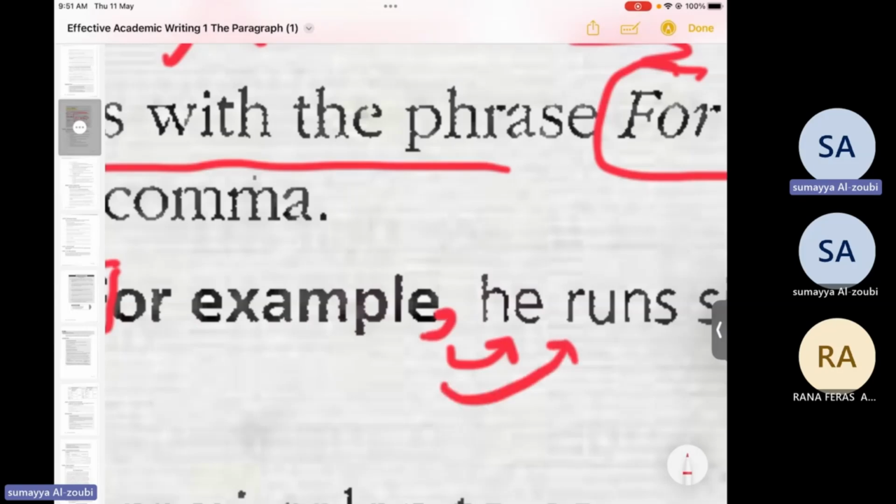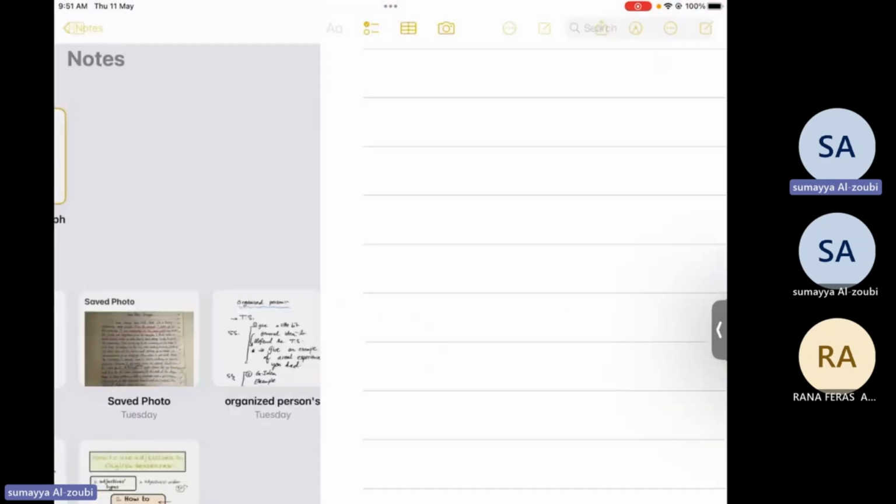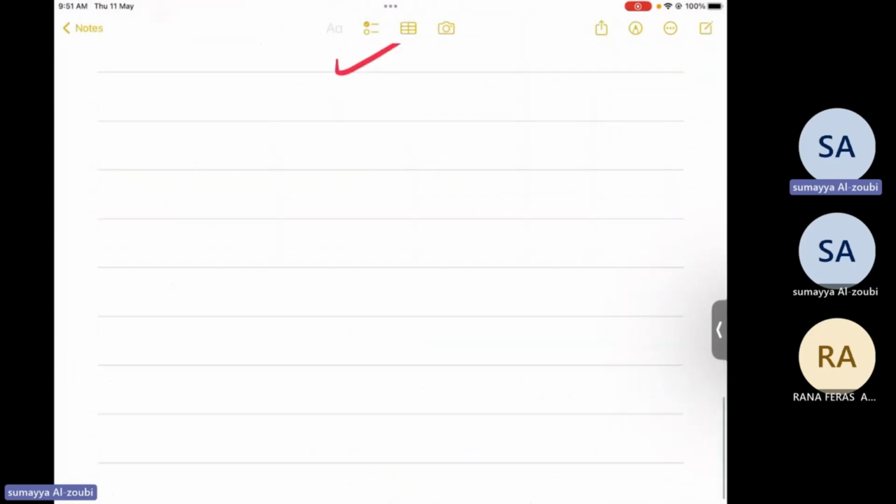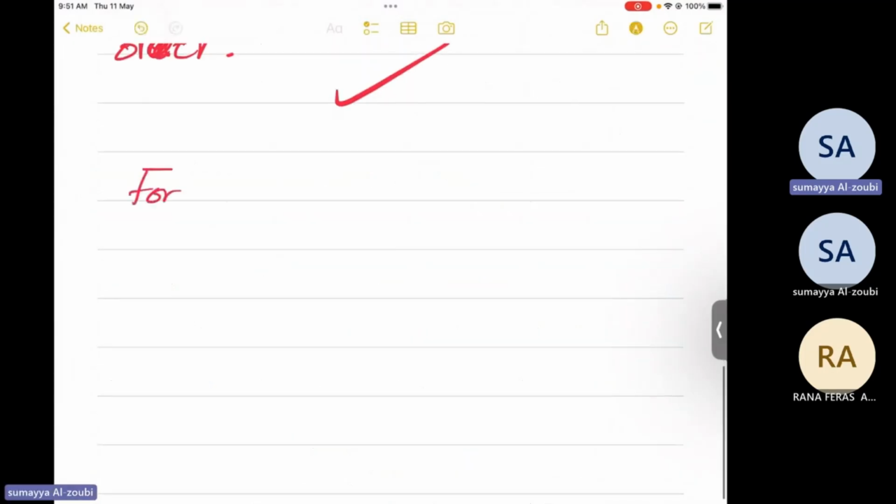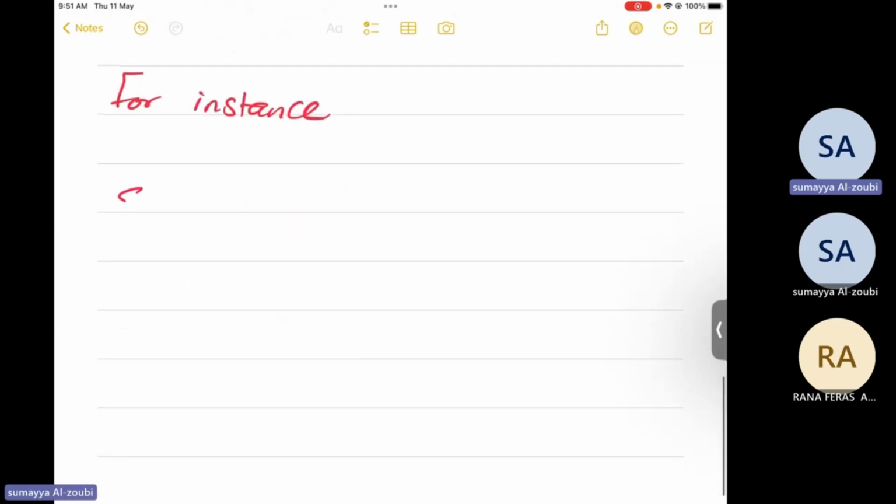Remember something very important. I would like to draw your attention to the difference between, look here, for example and for instance, and some other expressions like such as and like.